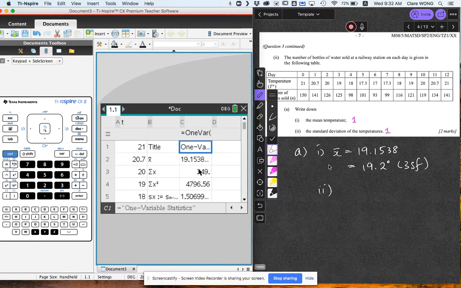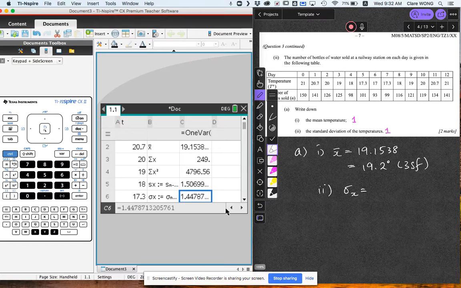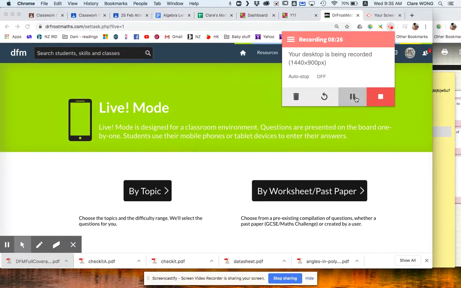Part 2, the standard deviation, sigma x. You go there, scroll down, this one. 1.44787, so it's 1.45 to 3 significant figures.